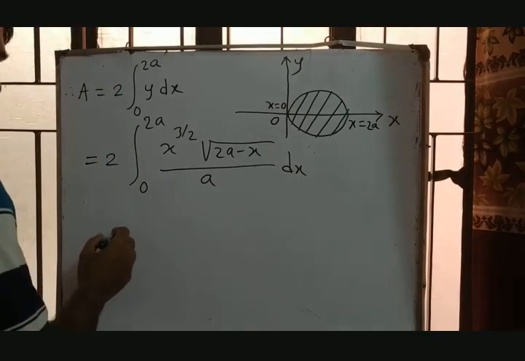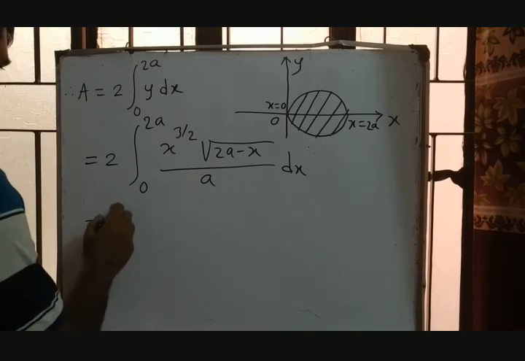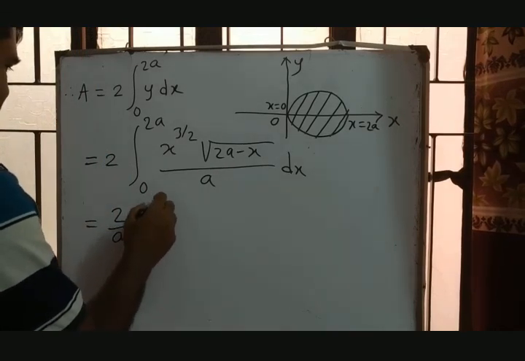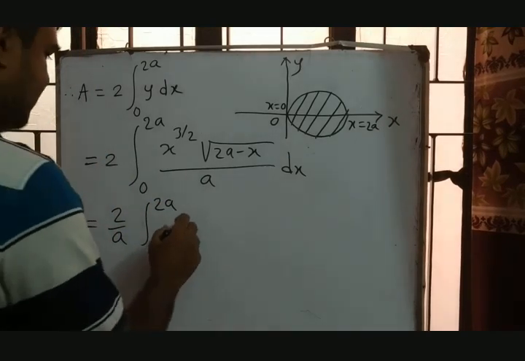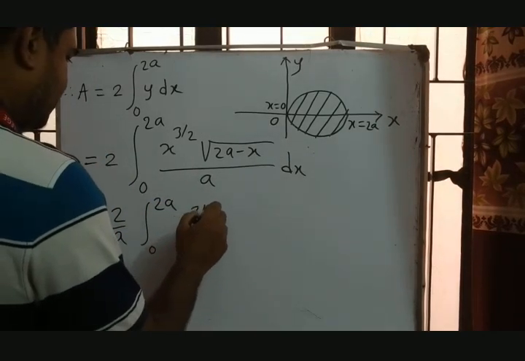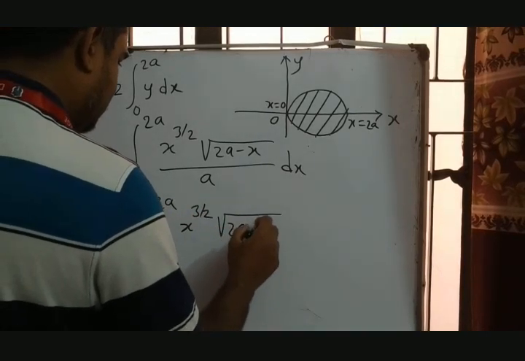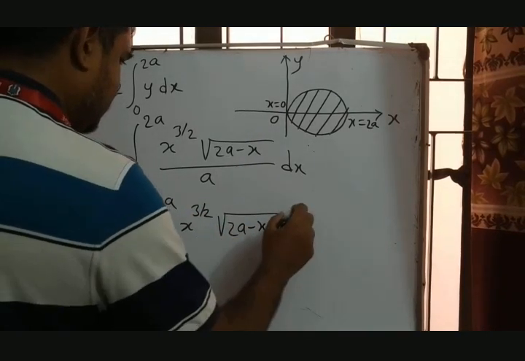So this is equal to 2 by a, integral 0 to 2a of x to the power 3 by 2 root over twice a minus x dx.